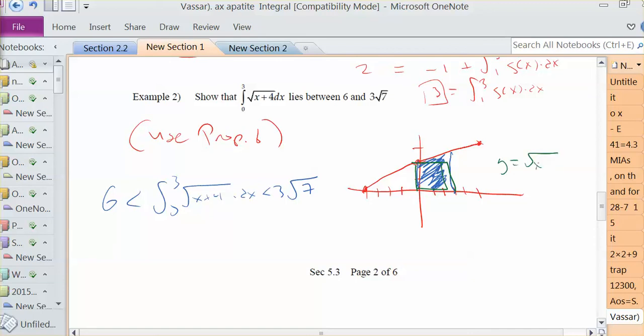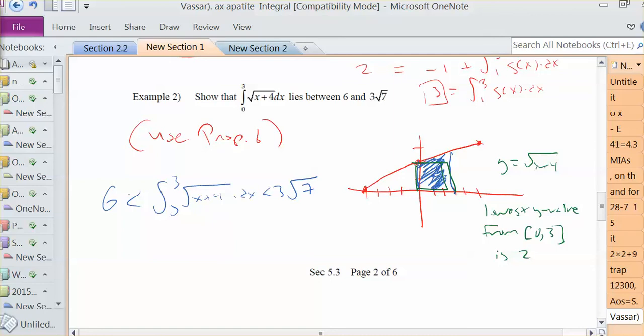So for y equals root x plus 4, the lowest y value in this domain is 2. But that happens at x equals 0.